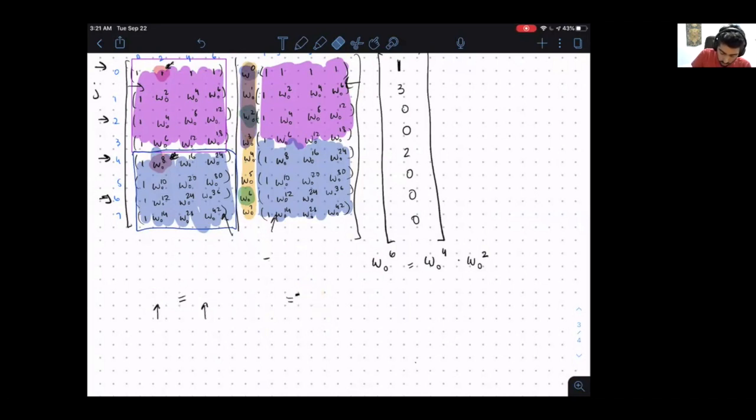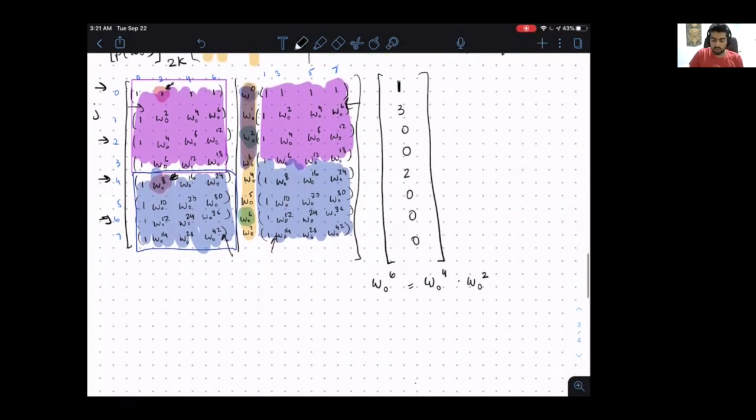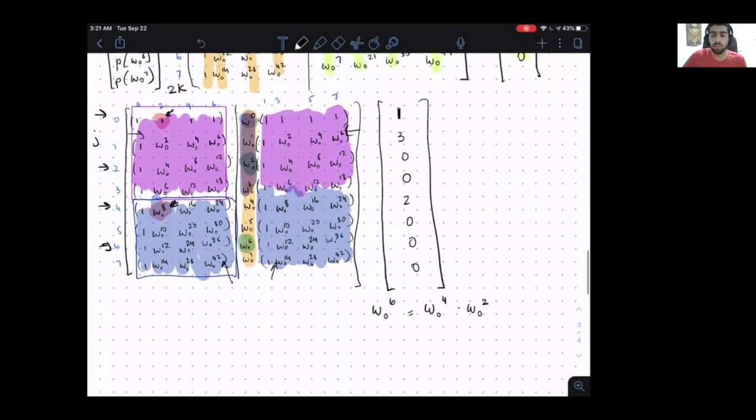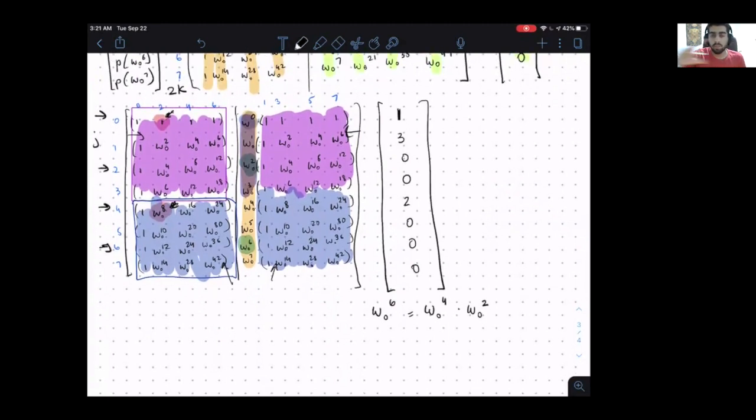Now we can observe that we want to compute the top half of this matrix multiplication, which is going to give us a vector, independently of the bottom half.